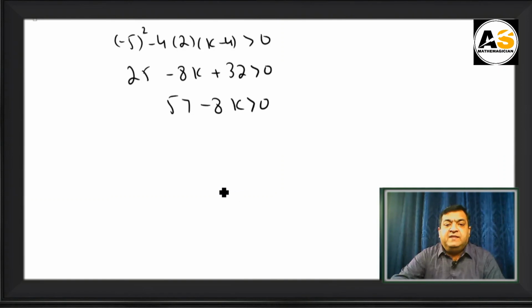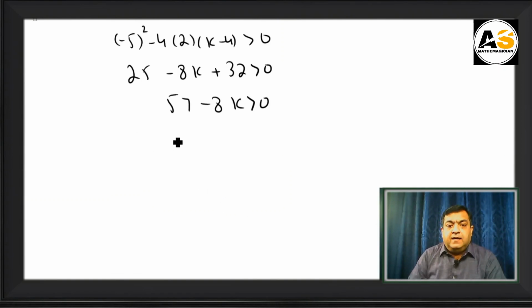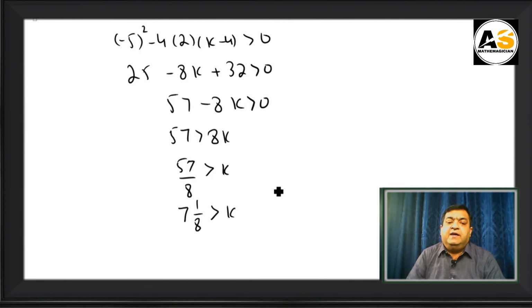We will simplify this inequality. 57 is greater than 8k or k is less than 57 over 8, k is less than 7 whole 1 by 8 or k is less than 7.125.